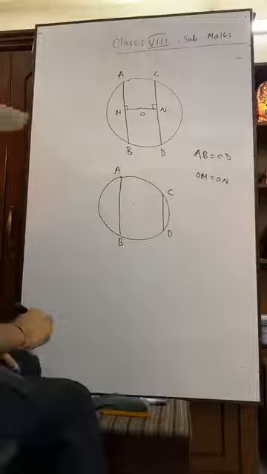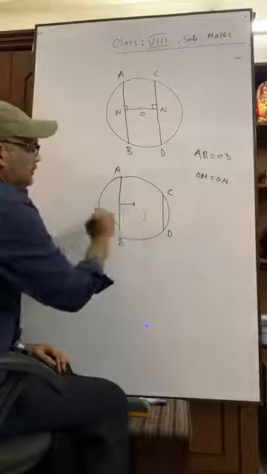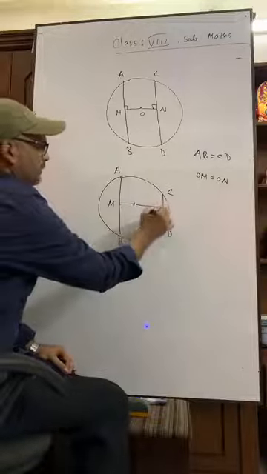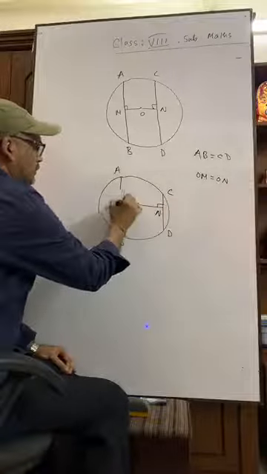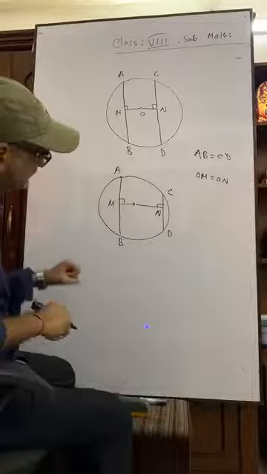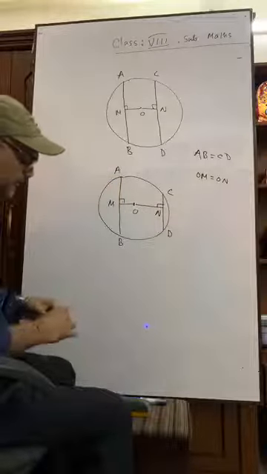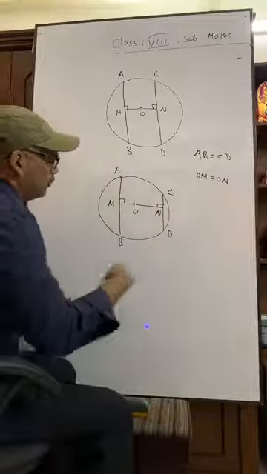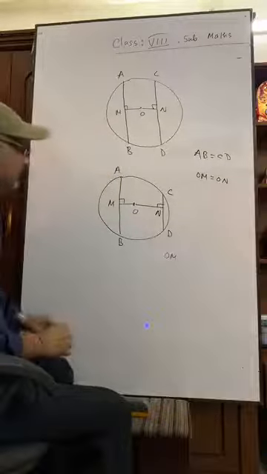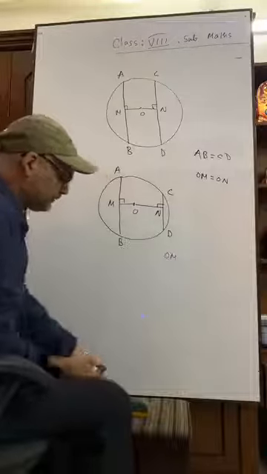Here the perpendiculars are OM and ON. What concludes here? From the center O, OM is the distance, and from the center O, ON is also the distance.